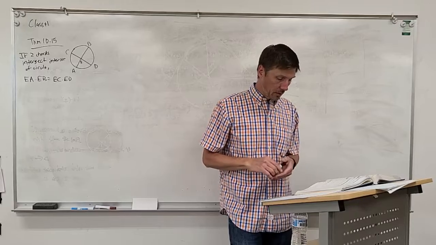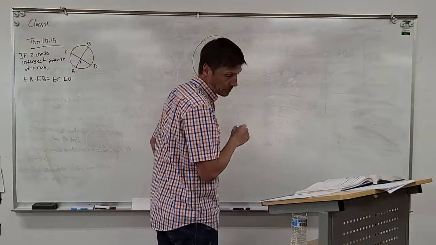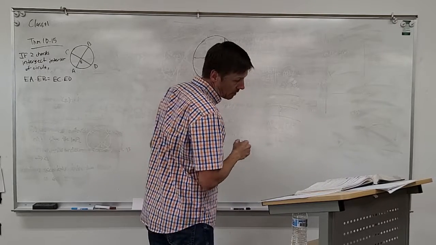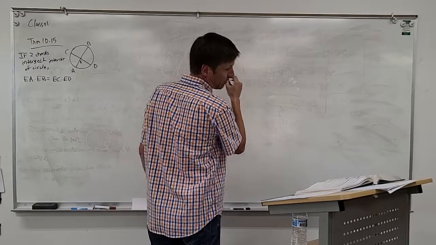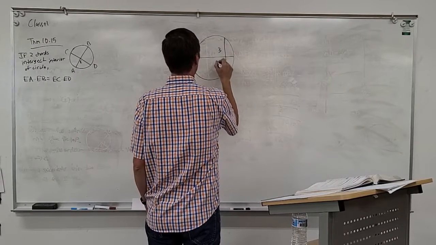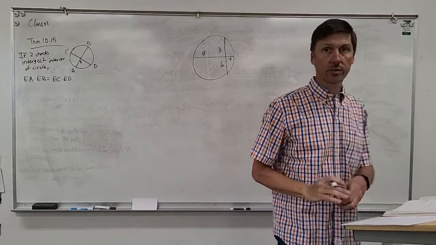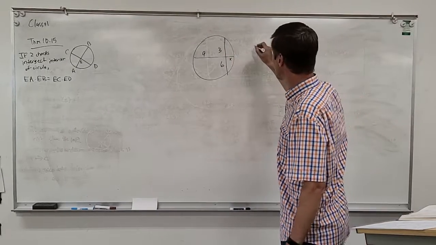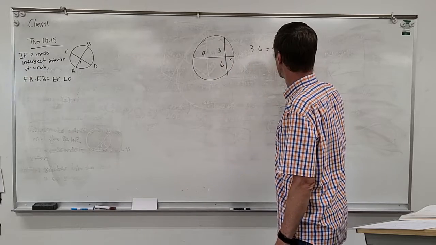So if we have a problem like this, and we've got something that looks like this, and we say that 3, 6, 9, and I asked you to find x right there, you would just say 3 times 6 is equal to 9 times x.